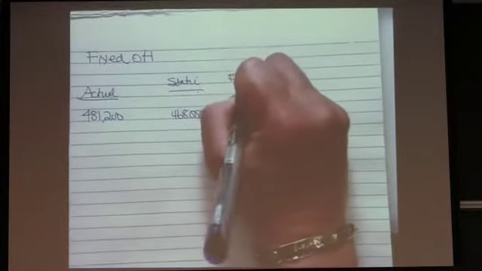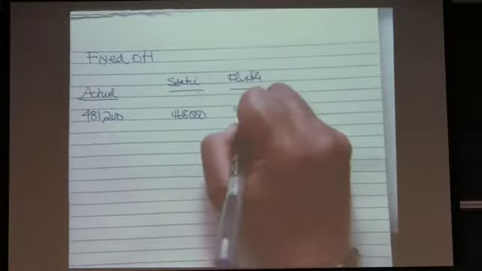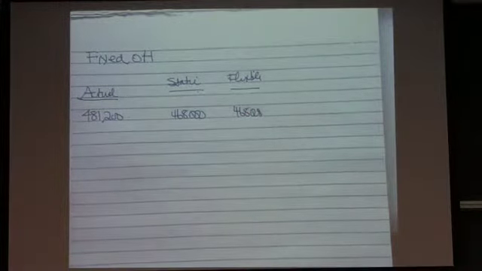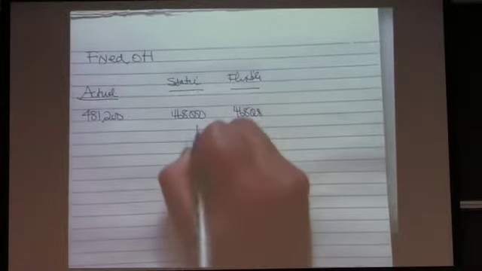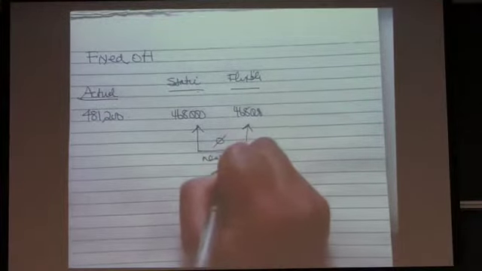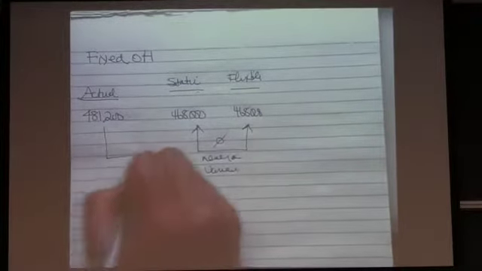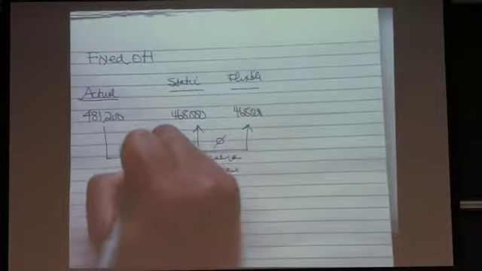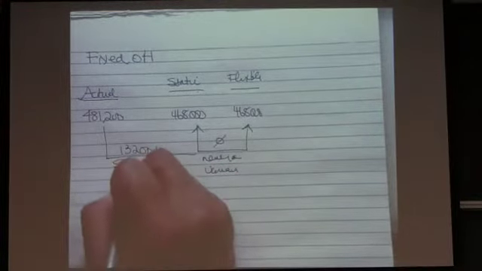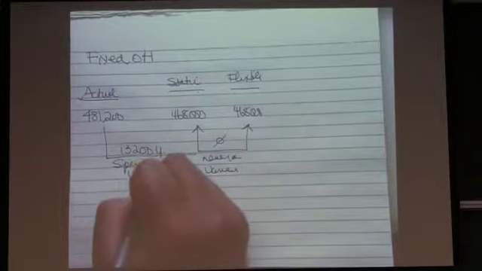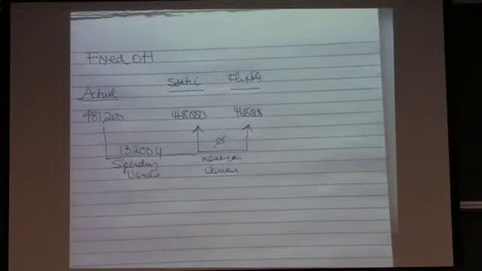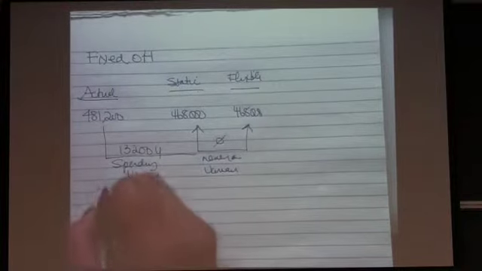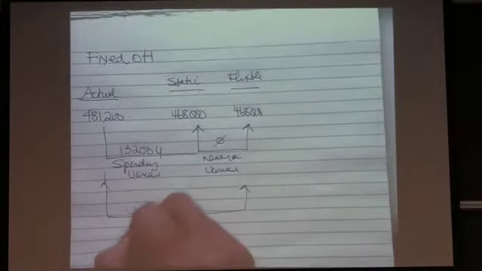This is also equal to the flexible budget, so there's never a variance between these two. Now, we have a difference here, and this is called spending or rate variance. And that is 13,200 unfavorable. And by the way, this is also called flexible budget variance, right?